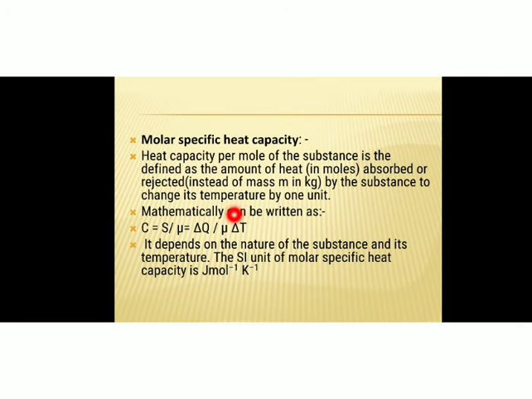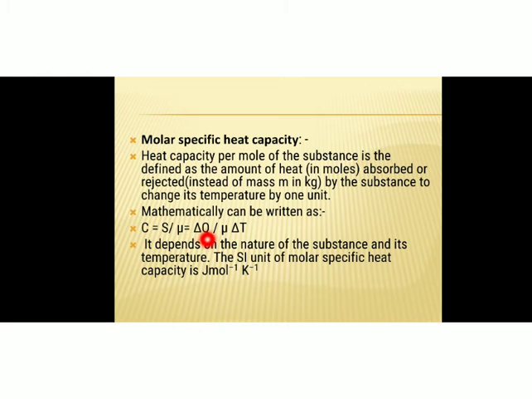So it is the amount of heat required to increase the temperature of 1 mole of a substance, not 1 unit of mass, by 1 unit. This molar specific heat capacity is denoted by C. C is equal to S by mu, where mu is the number of moles.